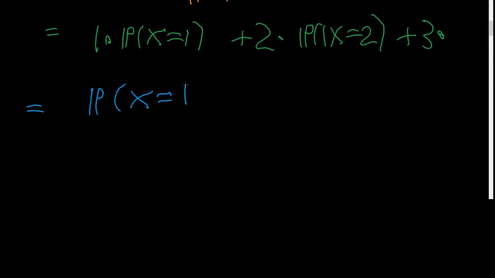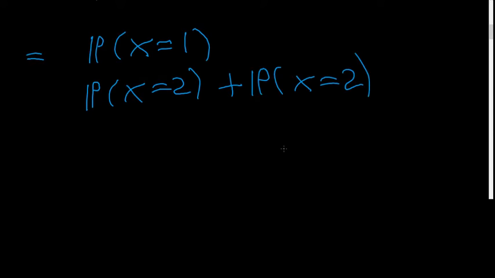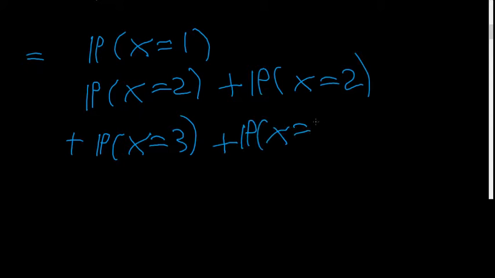If I put all the probability 1s here, and notice I have 2 probability 2s, so let's write them added together. And then I have 3 probability 3s, so put an x equals 3 over here and x equals 3 over here as well.